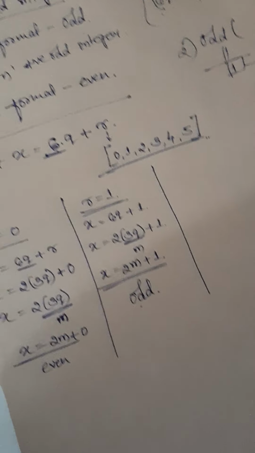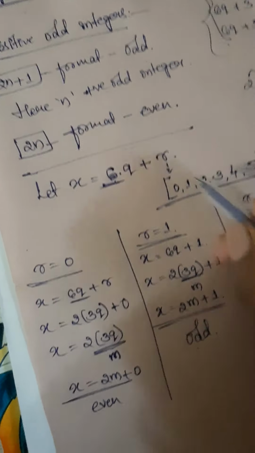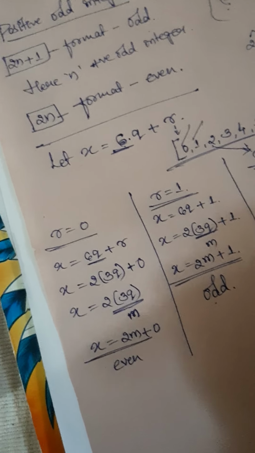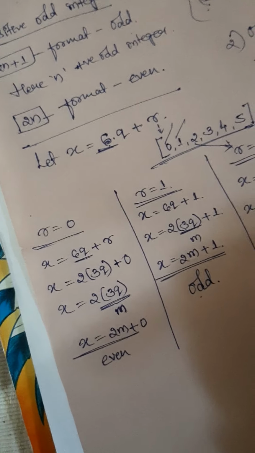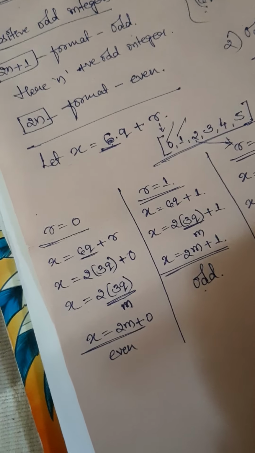The r is equal to 0 case is over, the 1 case is over. Now let's take r is equal to 2. x is equal to 6q plus 2. Take 2 common as usual. So x is equal to 2 into 3q plus 1. This 3q plus 1 is in the m format.